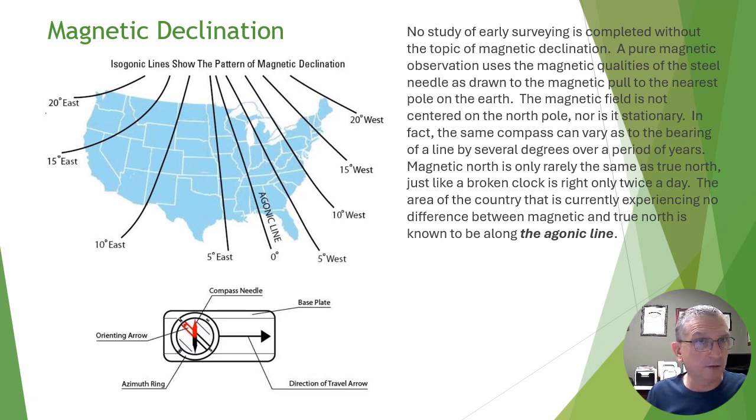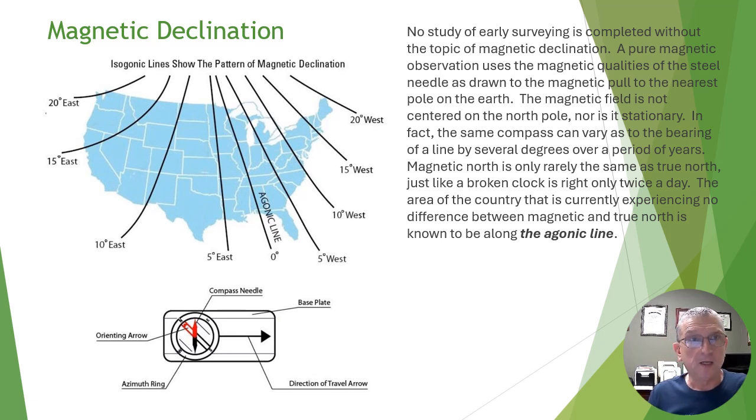It moves around with the climate, with the revolving of the Earth. It moves somewhat unpredictably. So magnetic north is rarely the same as true north. It's kind of like a broken clock that says it's 2:05. It's right twice a day, the rest of the day it's wrong. A magnetic compass may be right every once in a while, or once every few dozen years, but most of the time it's off.